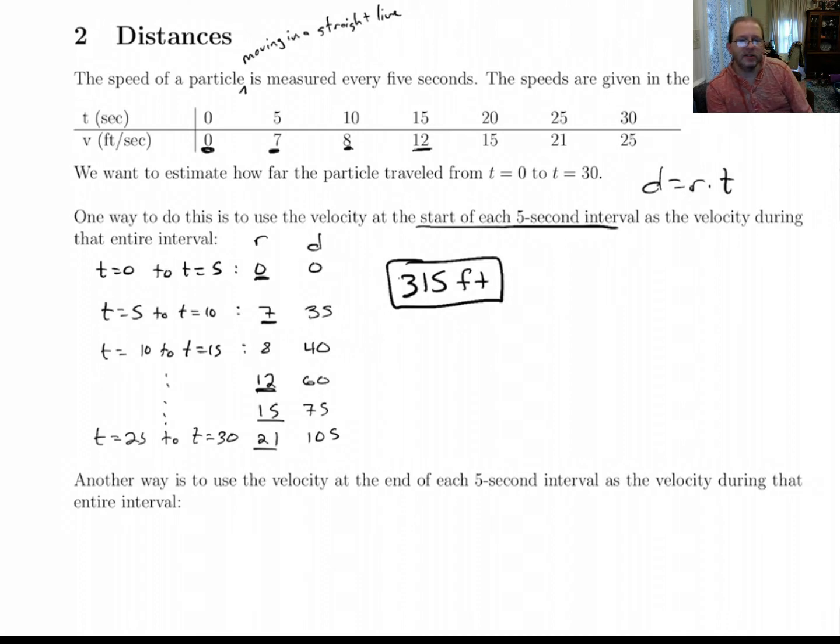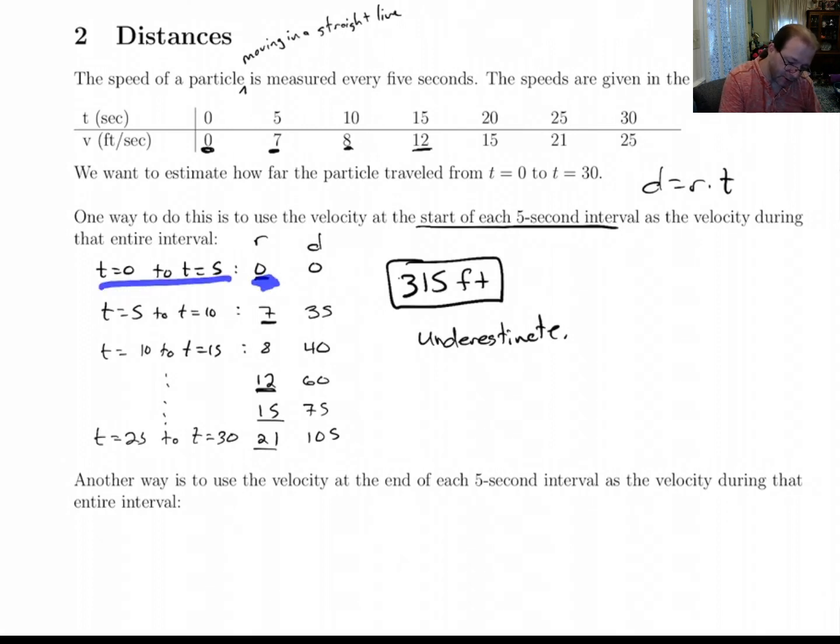Now another thing we could do. Keep in mind, this is going to be an underestimate, because this is assuming that he went 0 feet per second during this entire interval, and then right at t equals 5, he instantly jumped from going 0 to 7 feet per second. And that's not how things work.